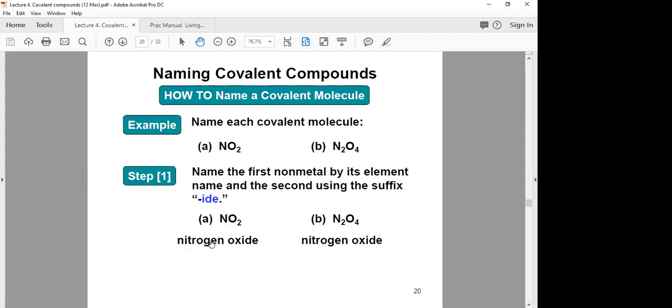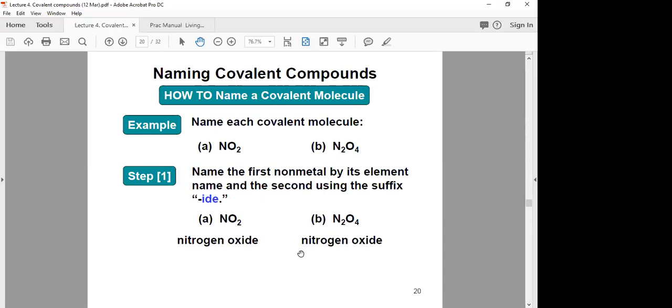Nitrogen is simply nitrogen. And then oxygen, we use the suffix "ide", so oxygen becomes oxide. What about our second example, N2O4? We name this nitrogen, and oxygen becomes oxide. So you can see the problem here already.